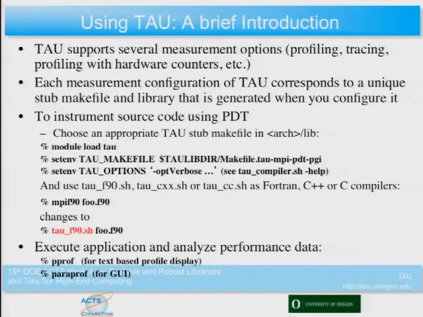Now if you log into any of these machines, you will find that typically you have 4 or 5 different compilers. You might find the PGI compiler, you might find the Intel compiler, you might find MPICH, OpenMPI. So it becomes difficult to identify which compiler, which MPI you're using. So what we do is when you configure TAU, you download and you configure TAU. This is, by the way, done for you, so you don't have to do it.